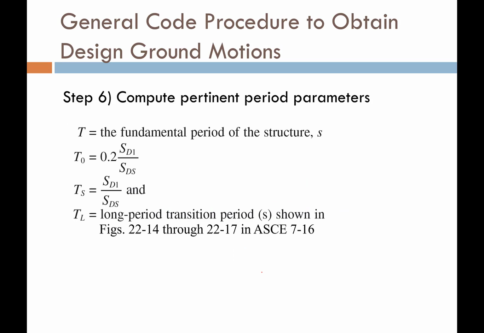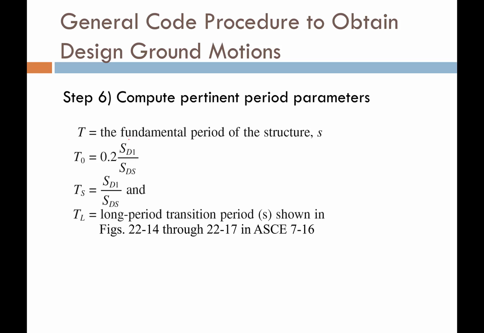Then in step 6, you need to develop the various period parameters so that you can draw a response spectrum. And there's different period values. There's the fundamental period of the structure that we just call T. There's T naught, which is equal to this equation right here.